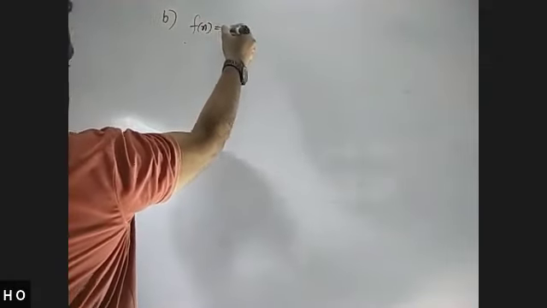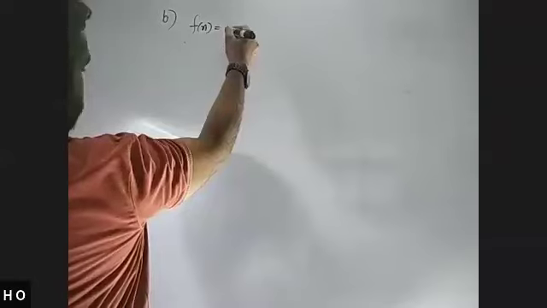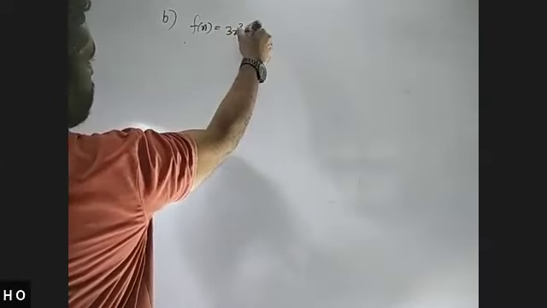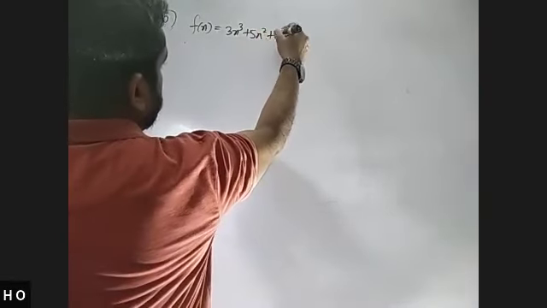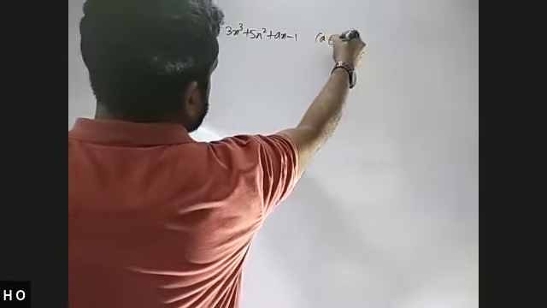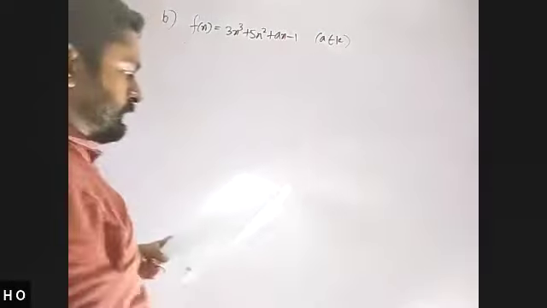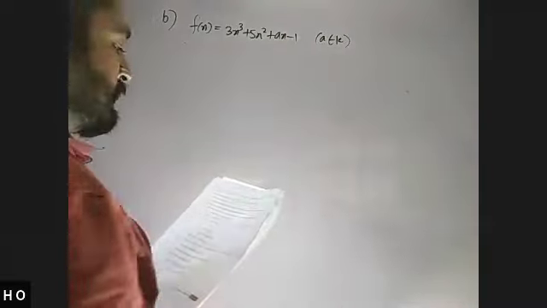Find the value of a. So they have given f(x) to be 3x cubed plus 5x squared plus ax minus 1, where a is real. So 3x minus 1 is a factor.